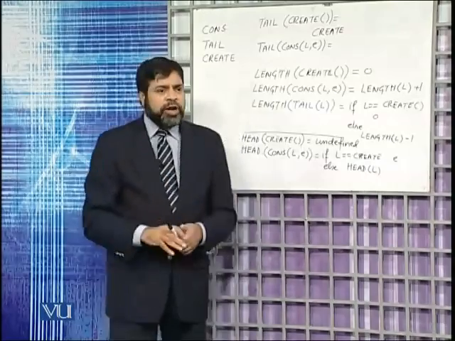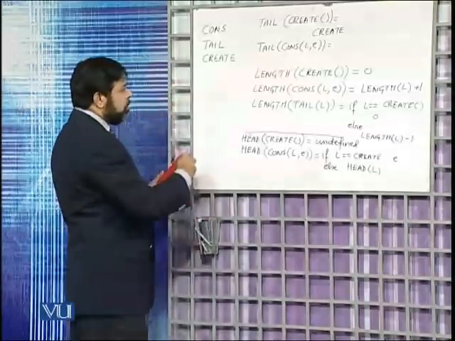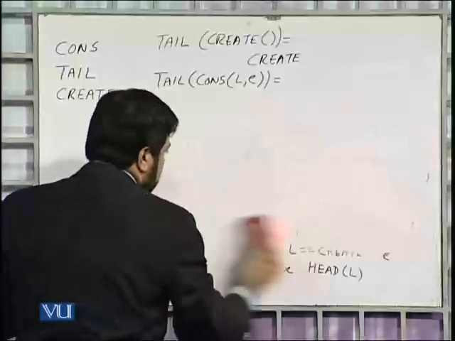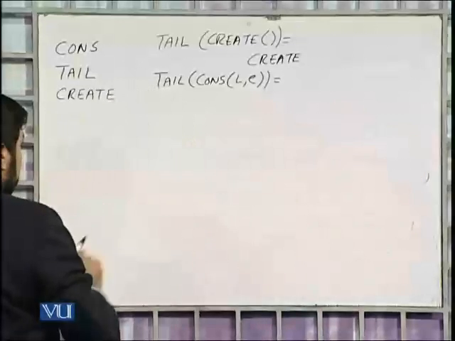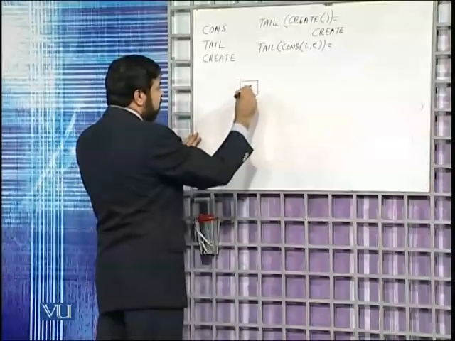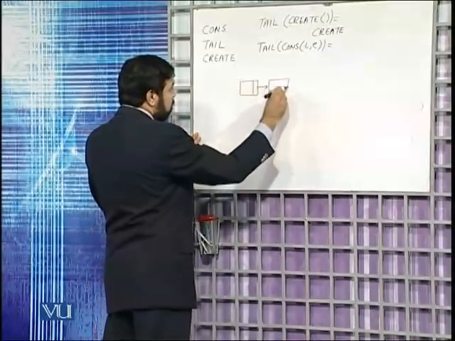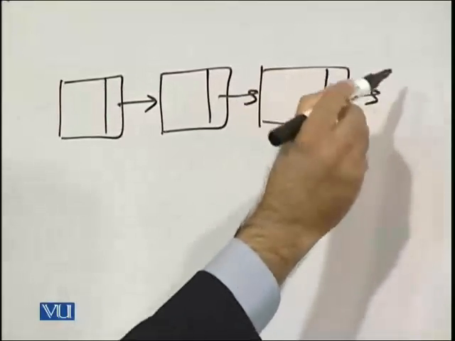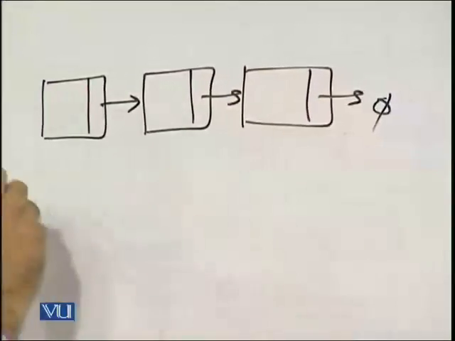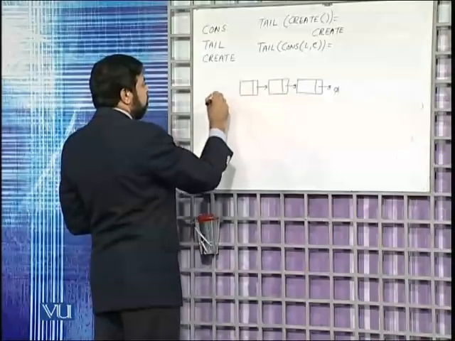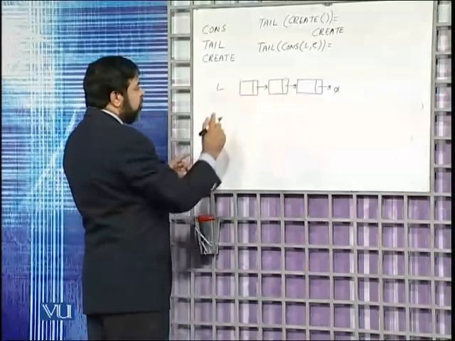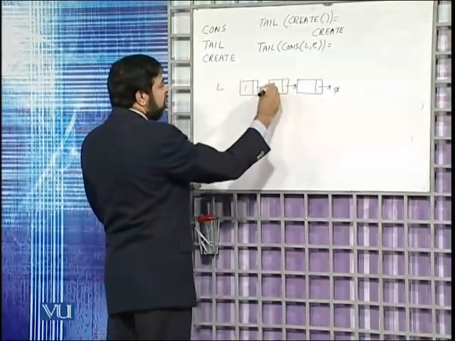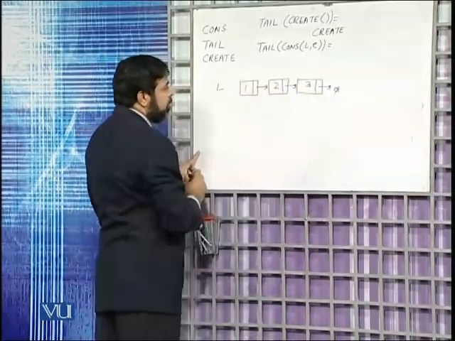So let us look at this example. So let me show you. Let us assume that we have this list. This is L. We add one element. So let's assume that this is 1, 2, and 3. Data is here.